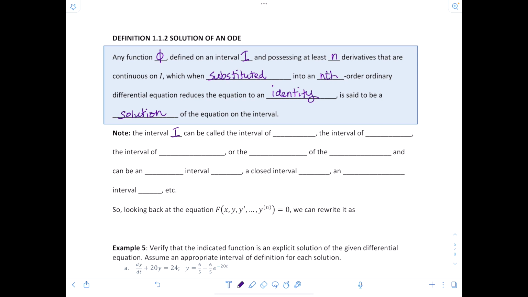Note, the interval I can be called lots of stuff. The interval of definition, the interval of existence, the interval of validity, or the domain of the solution.